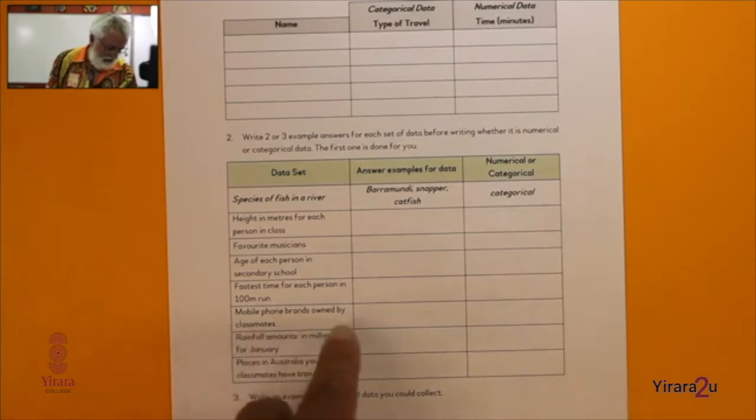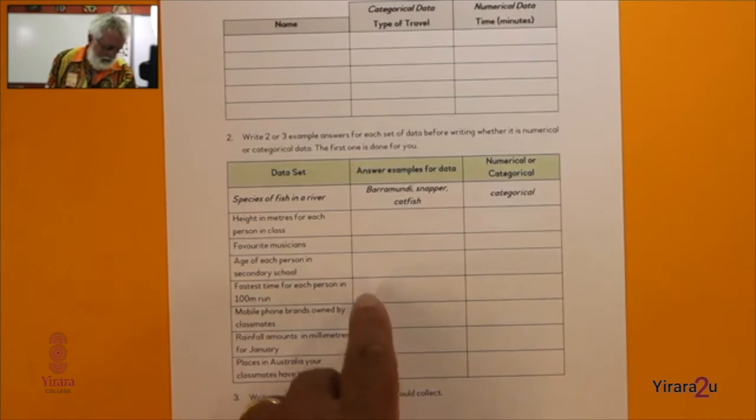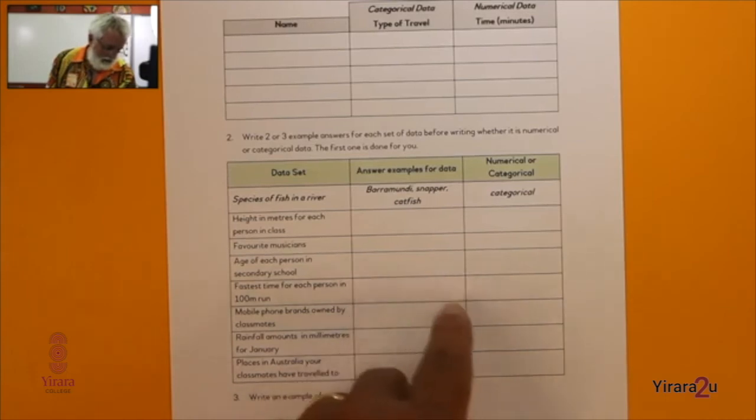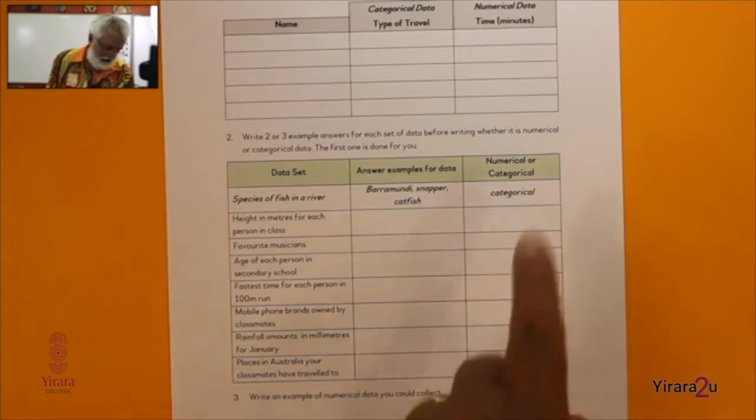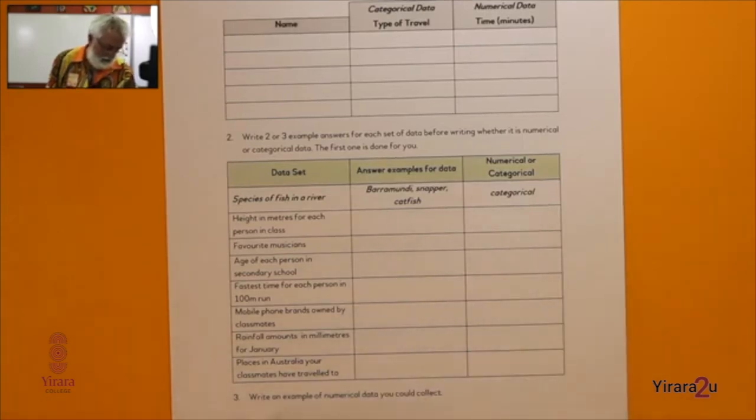Mobile phone brands owned by classmates. You might put a couple of phone brands in there and then say whether it's numerical or categorical. Rainfall amounts in millimetres for January. And the last one, places in Australia your classmates have travelled to. Write some places around Australia and say whether it's numerical or categorical.